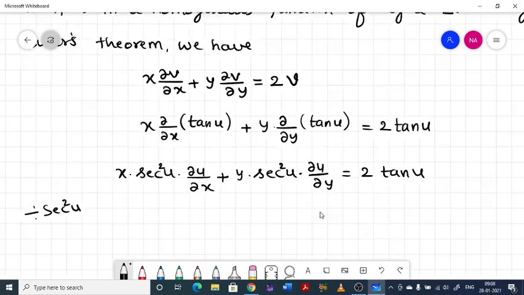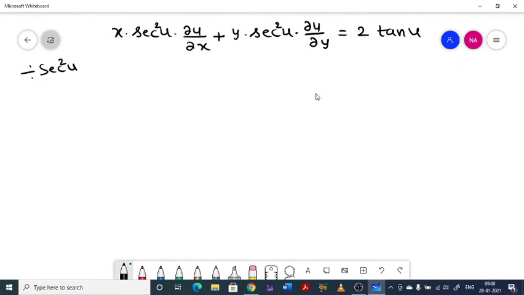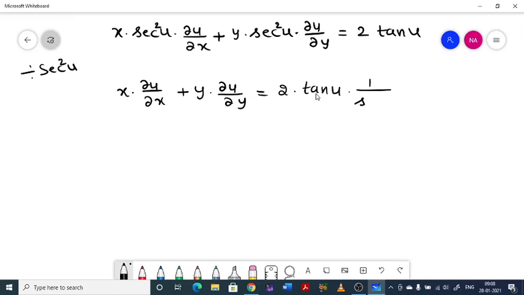If you divide both sides by secant square u, you will get x into dou u by dou x plus y into dou u by dou y equal to 2 times tan u into 1 by secant square u. So we can write this as 2 times sin u by cos u into cos square u.